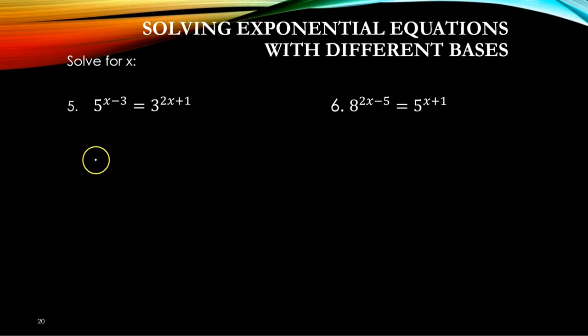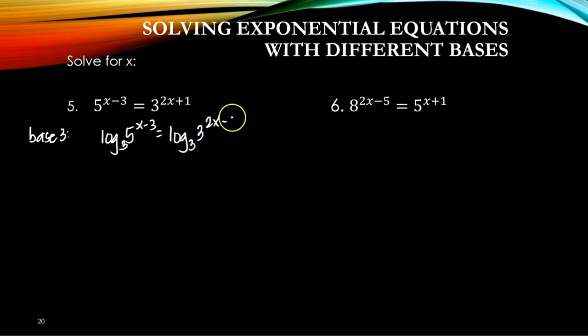Let's try more. So here, if I want to use base 3, logarithm base 3 of 5 raised to x minus 3 is equal to logarithm base 3 of 3 raised to 2x plus 1, this becomes 2x plus 1 multiplied by 1. This is x minus 3 logarithm of 5 base 3.